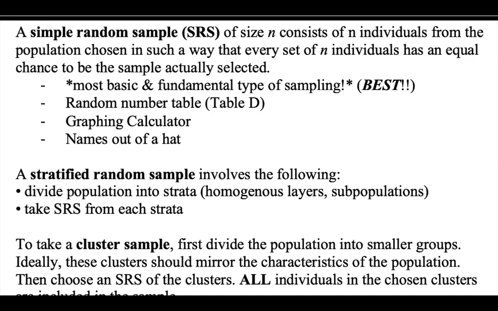The difference being that the samples aren't the same, right? If I choose one from each hat, it's going to have to be 10 freshmen, 10 sophomores, 10 juniors, 10 seniors.